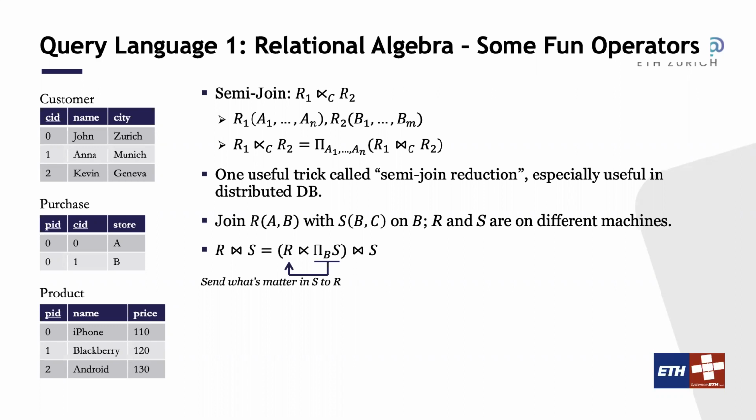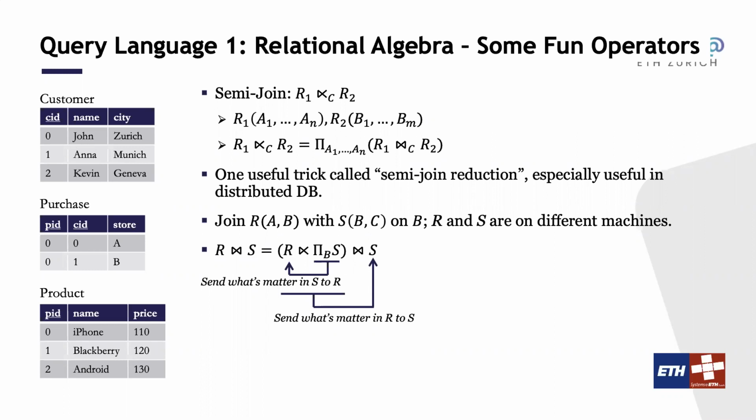And because it's a semi-join, I only keep the attributes of R. Then I can send this information from machine 1 to machine 2. That's essentially what you are trying to do with semi-join reduction. When you do the semi-join, you are trying to find all the information in R that matters for the join between R and S, because not all the information in R matters.